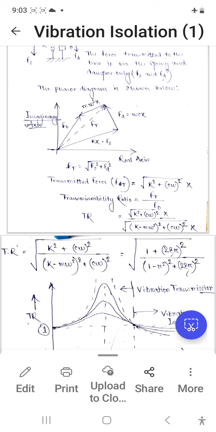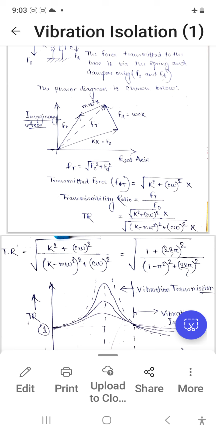The maximum amplitude will happen at r equal to 1. Please don't mix it with the force magnification factor. In the case of the force magnification factor, in forced vibration, the maximum amplitude takes place slightly ahead of r equal to 1 due to the presence of damping. That was the expression x by F0 by k.